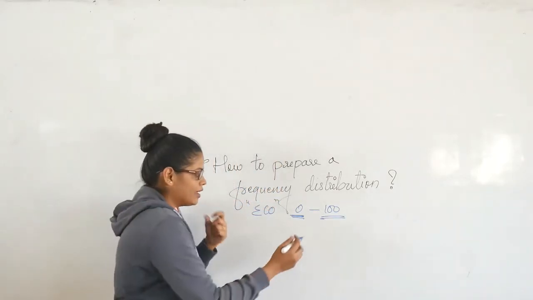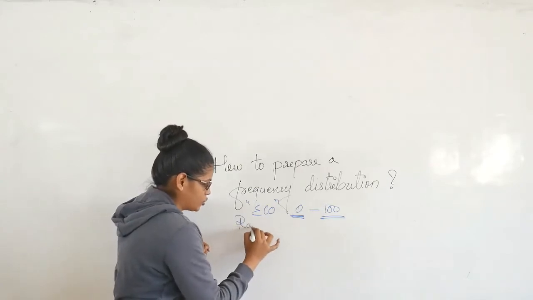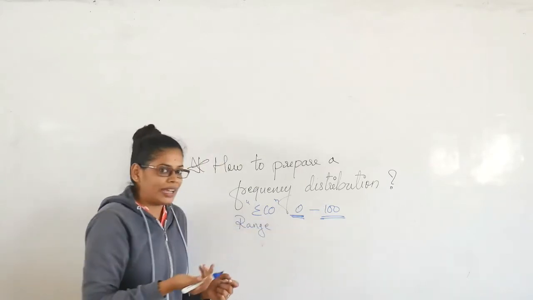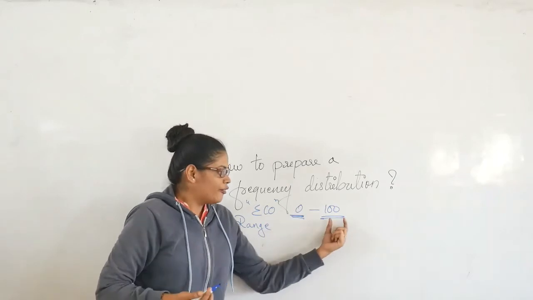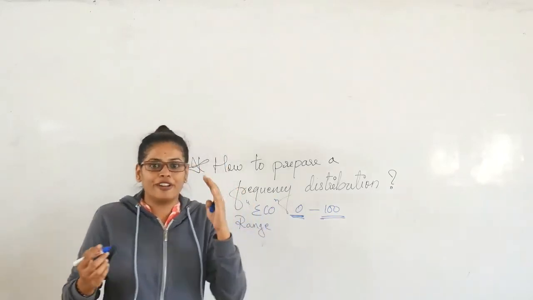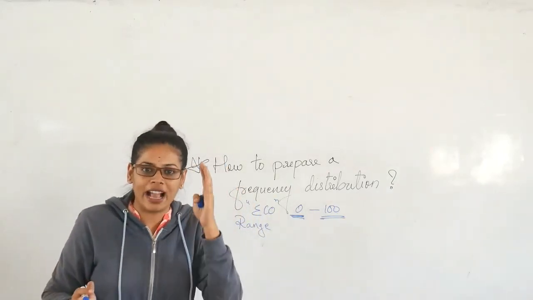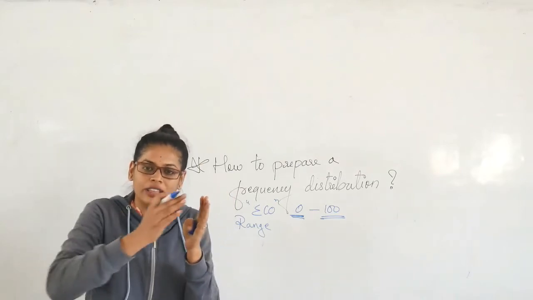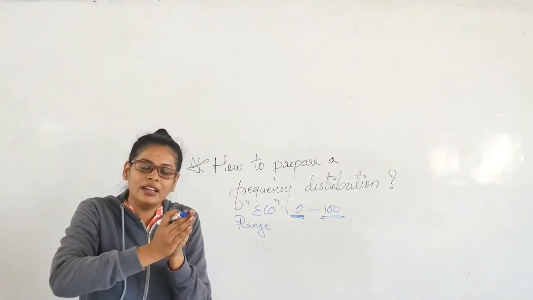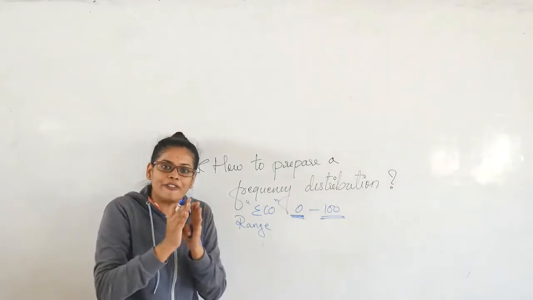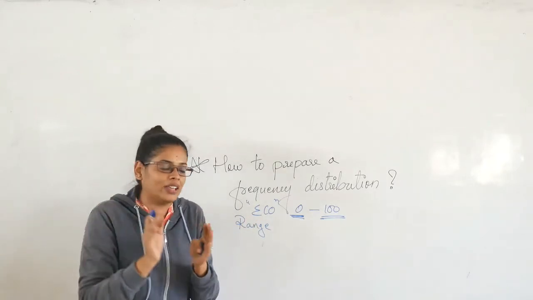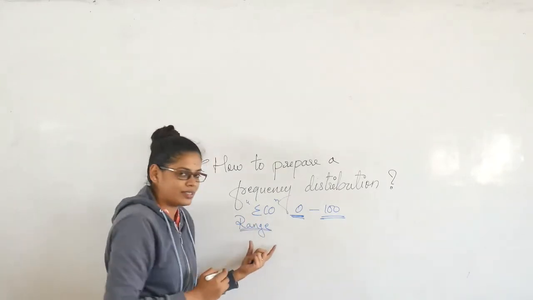Now we need to calculate the range, right? How do we calculate it? First we identify the highest value and then the lowest value. The difference between the highest value and the lowest value gives the range.